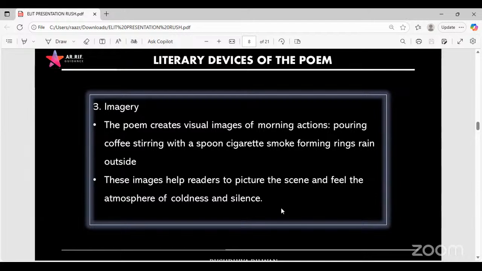So the mood created in the reader is sadness, frustration, and sympathy. So we feel bad for the narrator because we can sense their emotional hurt. We also feel awkward because the silence feels heavy and tense. So the poet makes us sit in this uncomfortable moment.